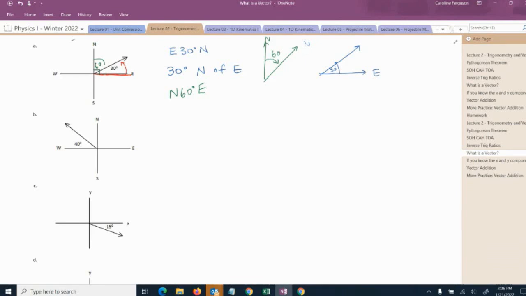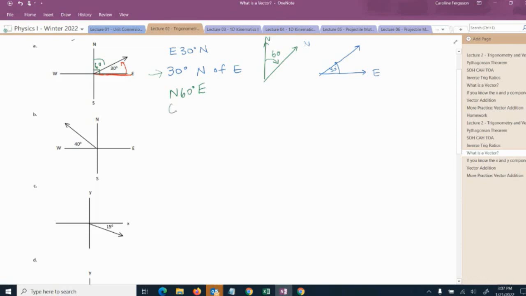What's the last option here that I could write for part A, the angle? I wrote east 30 north, 30 degrees north of east, north 60 degrees east. What's one more way I could say this, using this form here? 60 degrees east of north.